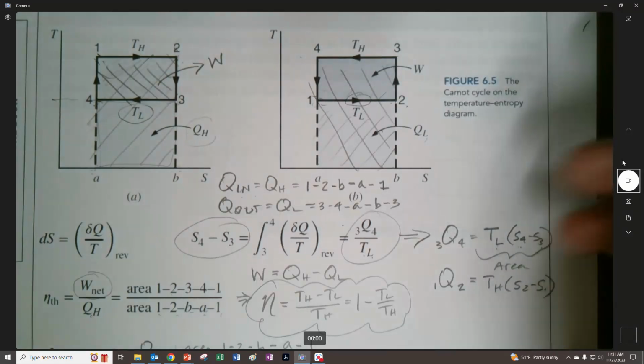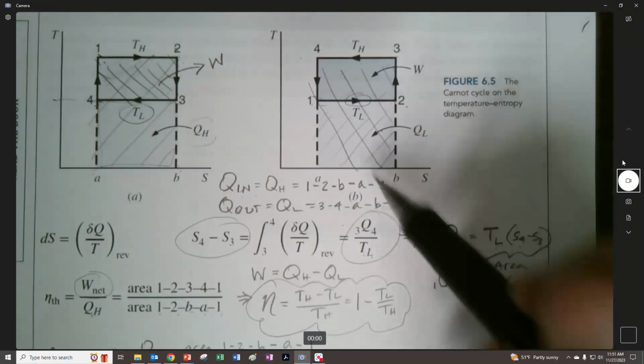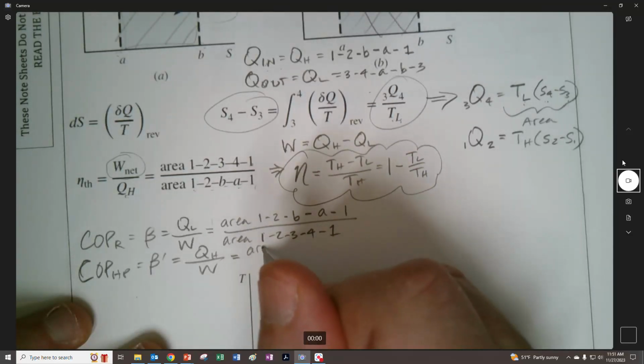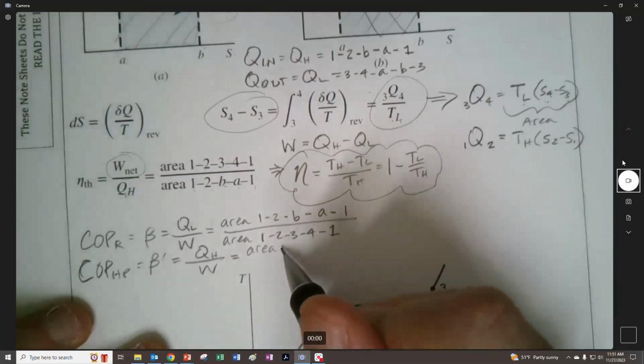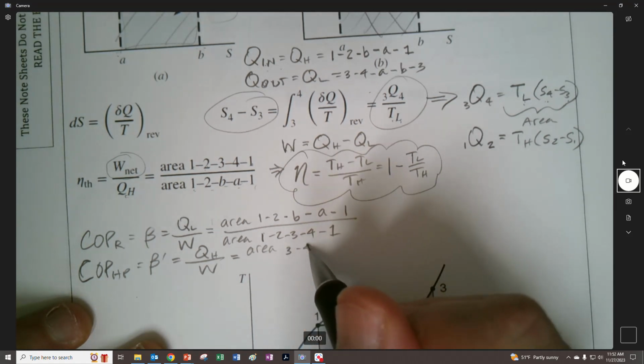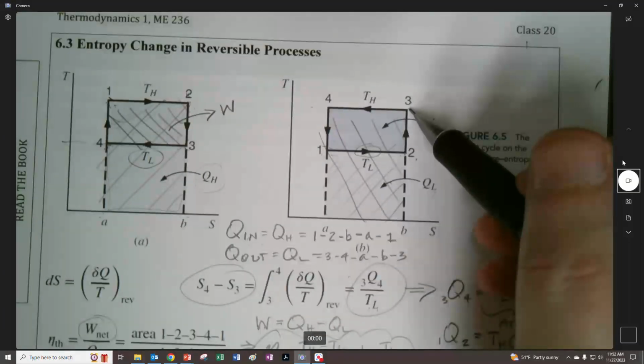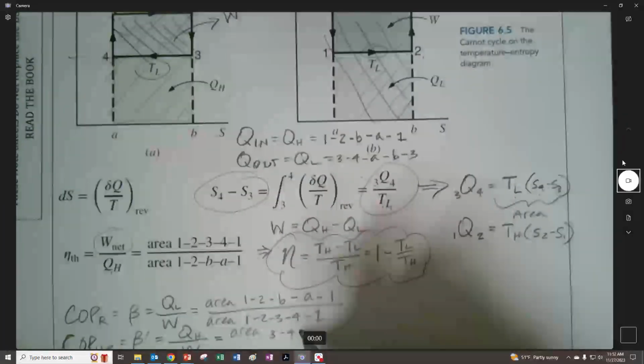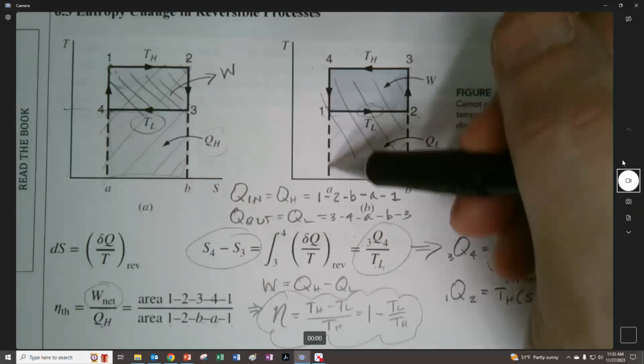So the QH of the whole thing is what we're extracting, and we're using work to do it. So we have the area of 3 to 4, up here, there to there, and then 4 to A, so all the way down.